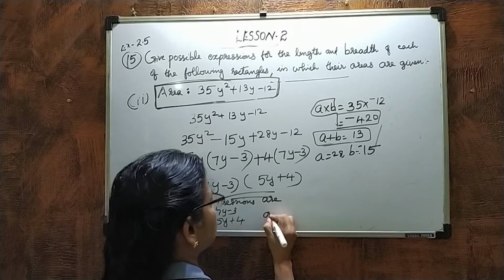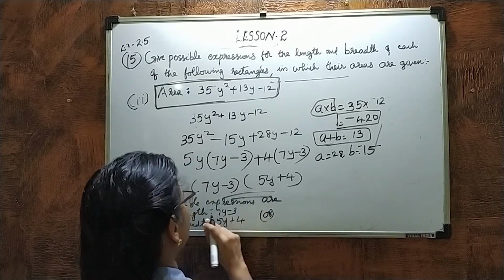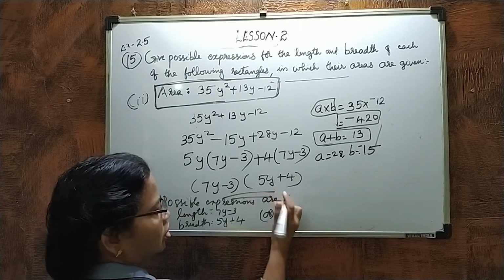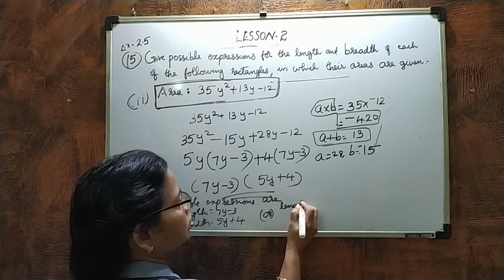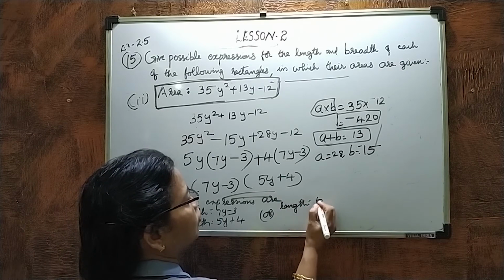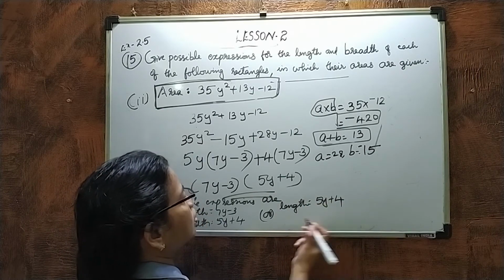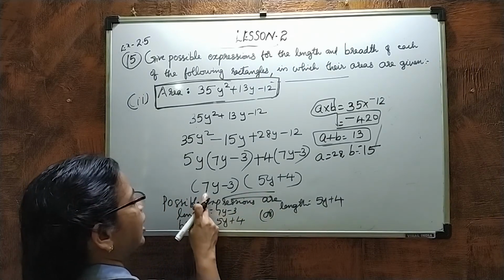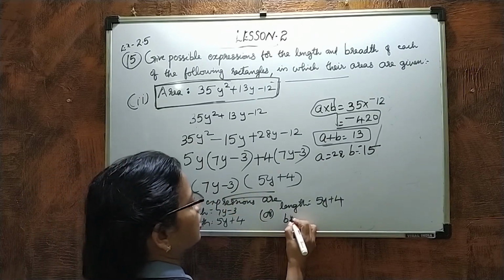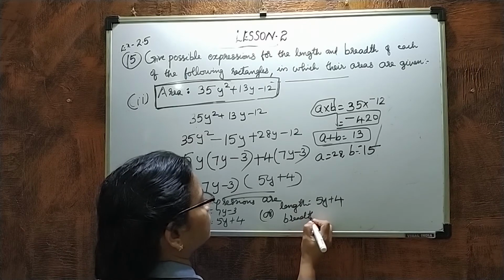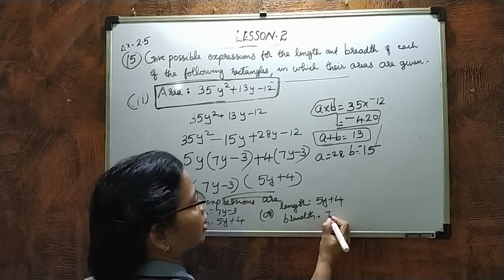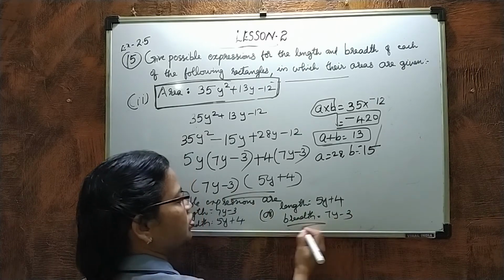Or we can change the length. Length is equal to 5y plus 4, then breadth can be written as 7y minus 3. We can exchange.